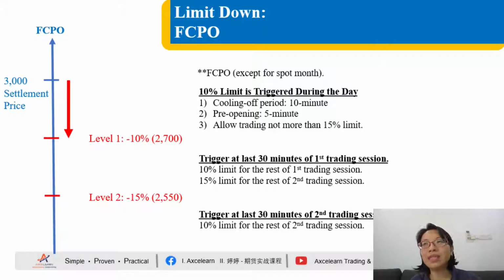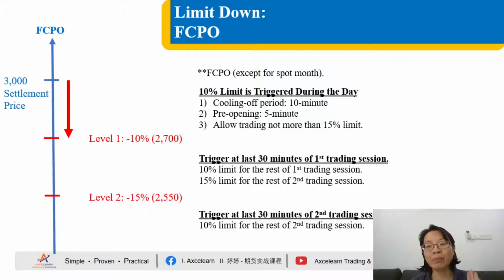So what happened this year for FCPO, we also suffered once before. If I'm not mistaken, it's once, which is limit down for FCPO. That happened, if I'm not mistaken, roughly 5 minutes after 5:30. That's why for the remainder of the trading session, they only limit to 10%. It did not increase to 15% because it happened in the final 30 minutes of the second half.